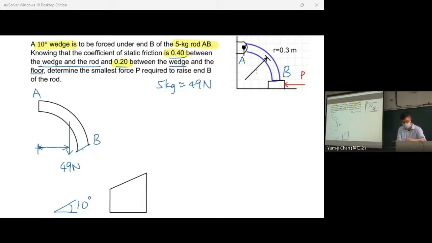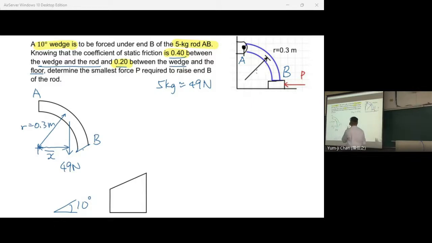If this is R, it is 0.3 meter, and this one is X bar, okay? This is the 5 kilogram rod AB, so the 5 kilogram force goes like here.